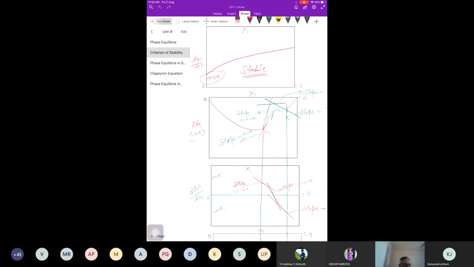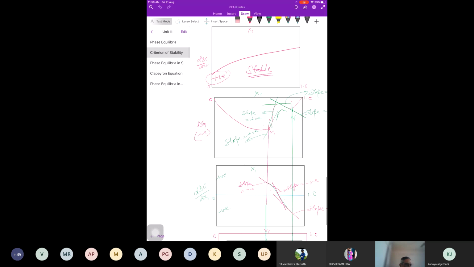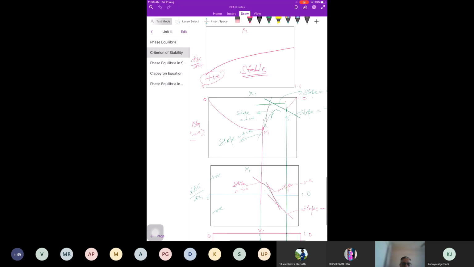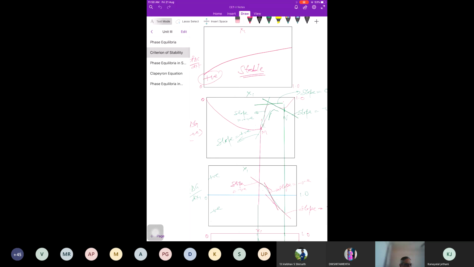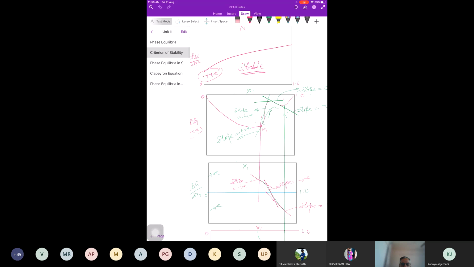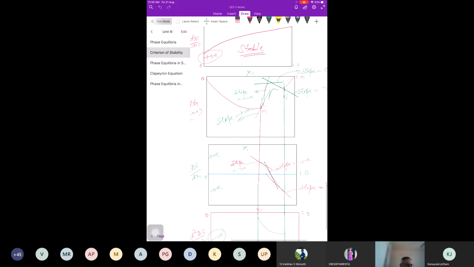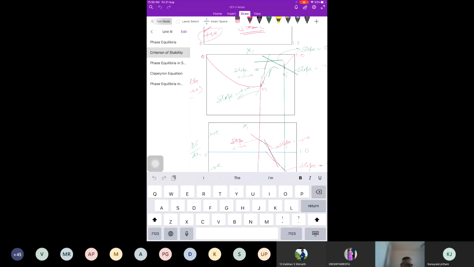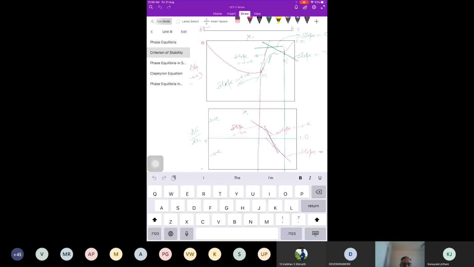Any questions on this part, this curve? Then we plotted the tangent, d delta G by dx1 versus x1.